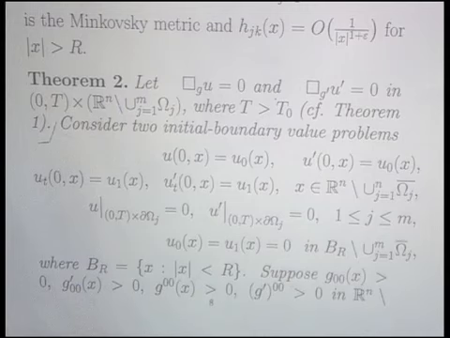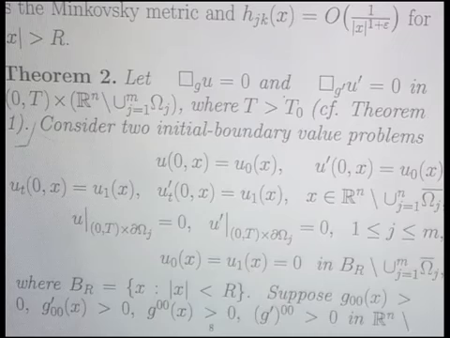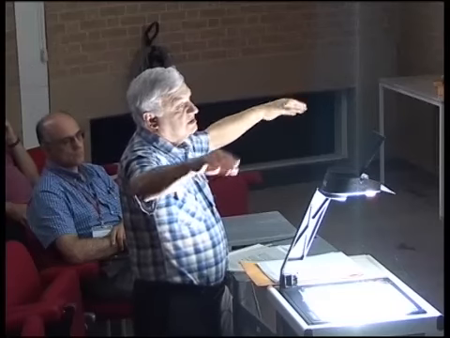So for t equals 0, Cauchy data are the same for these two equations. And also the Cauchy data are such that they are 0 inside the ball. Inside the ball, you have 0 initial condition. Outside the ball, you have arbitrary initial condition in L2, H1, etc.